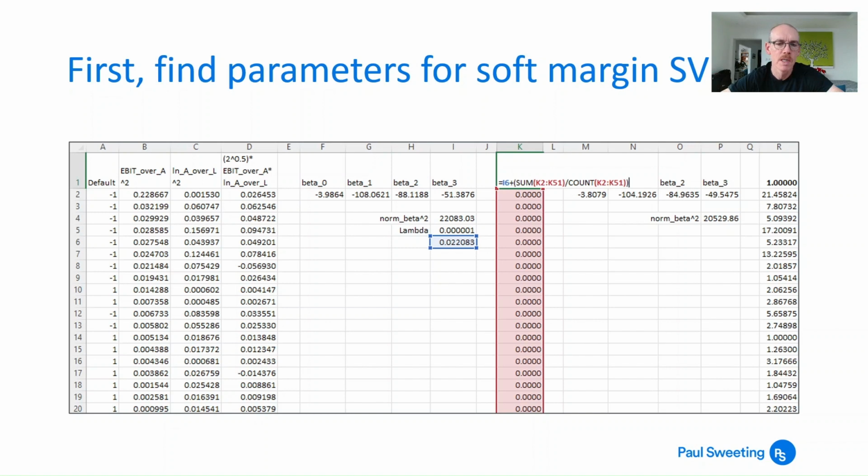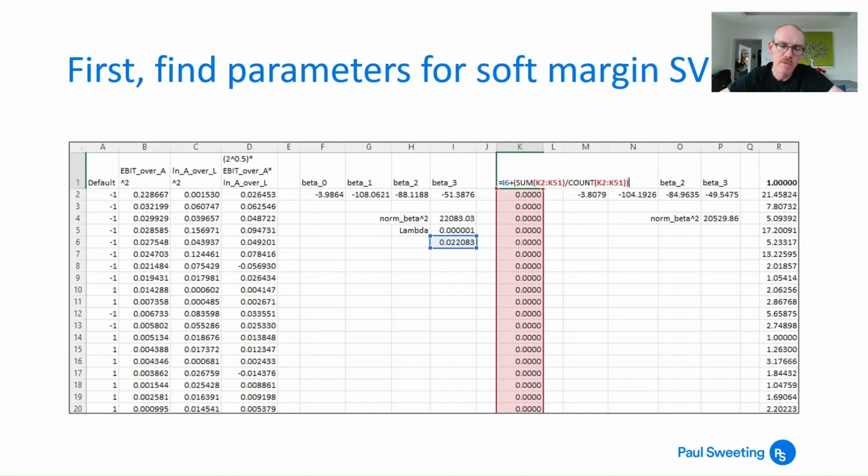So beta naught about minus 3.9, minus 4, beta 1 minus 108, beta 2 minus 88, beta 3 minus 51. And we're performing that on EBIT over assets squared, log of assets over liabilities squared, and root 2 times EBIT over assets, log of assets over liabilities.